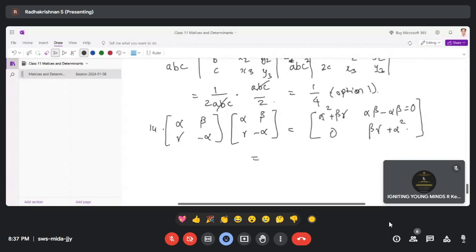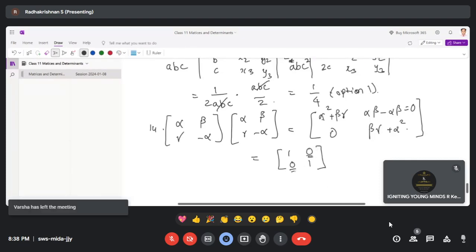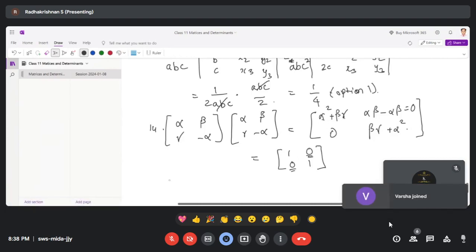It is given that this is equal to I, the unit matrix of order 2. You see that the 0 and 0 are already matching. So the condition is alpha square plus beta gamma should be equal to 1. So this is your condition.